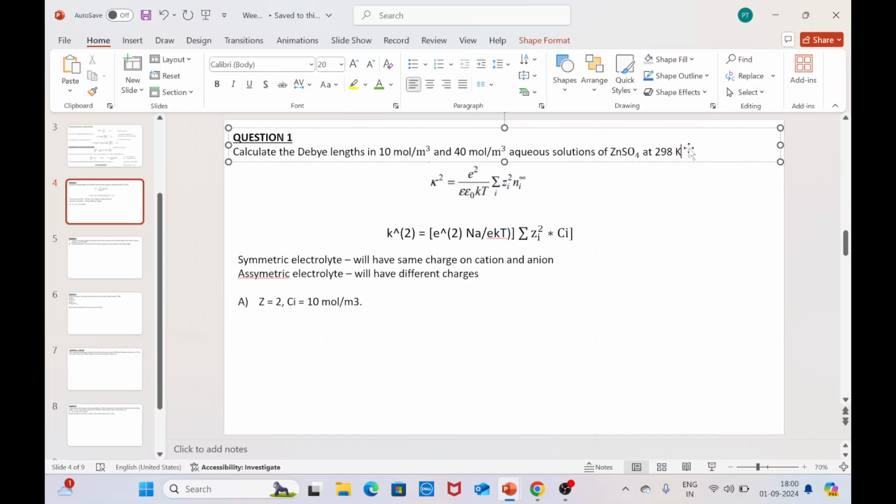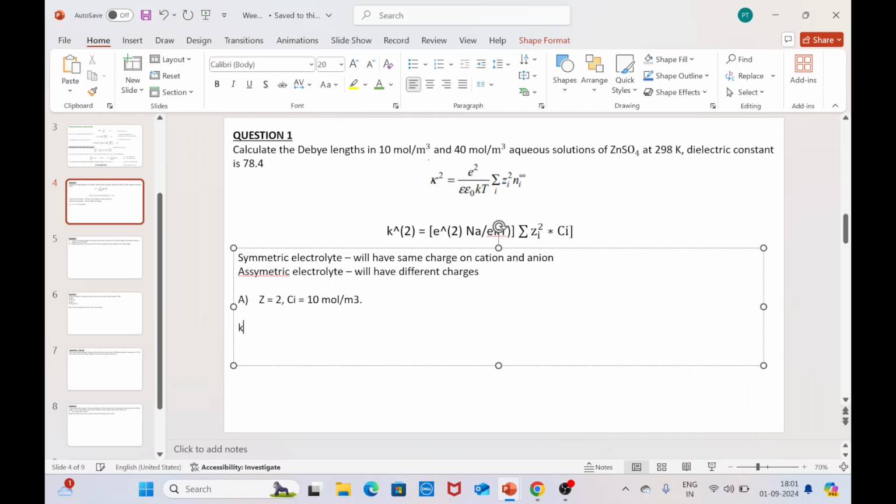So here epsilon, the dielectric constant, since it's aqueous solution, predominantly it will be water. So the dielectric constant will be the same as that of water, which is 78.4.